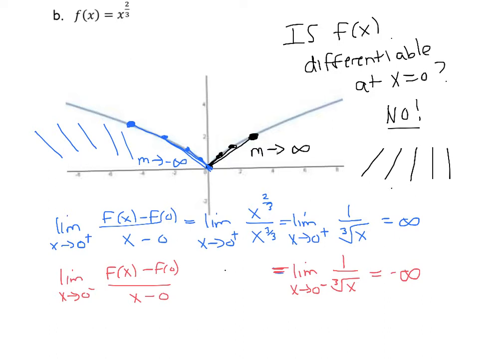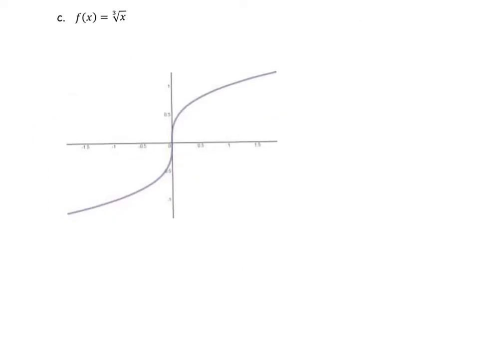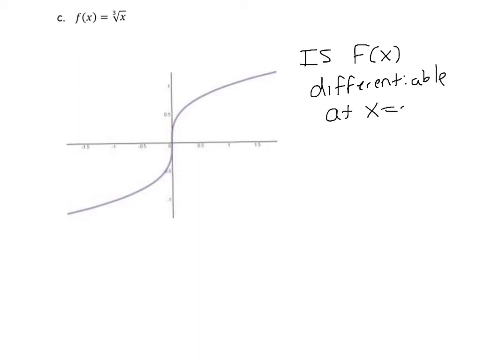The two next examples are a little bit different, so let's look at those. So here I've got the cube root of x, and we ask the same question. And this time we're not going to do it rigorously. We're just going to kind of draw those secant lines.